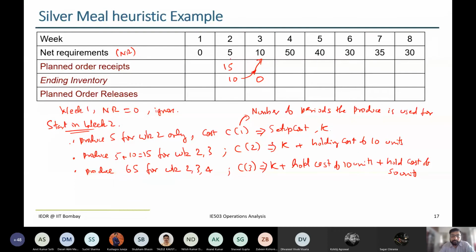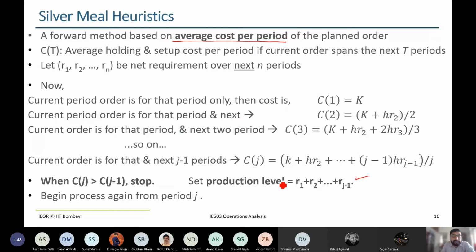So let us again go back to the algorithm. What it says is, if in the current period I produce only for that period, then the cost C of 1 is K. If I produce for that period and the immediate next period, then C of 2 is K plus H into R2, divided by 2. C of 3 is K plus H into R2 plus 2 H into R3, divided by 3.